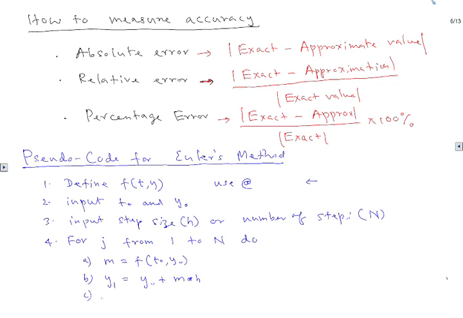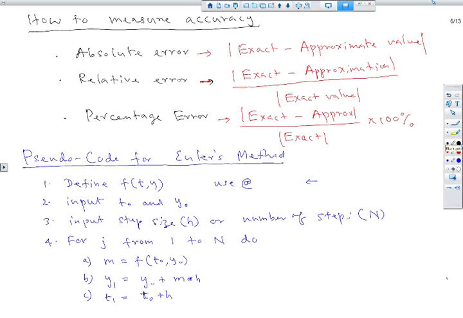And then we can update the t value, t1 equal t0 plus h. Then we have the y1 and t1, so we're going to print them. So step D, print t1 and y1, and then in the last step we can update t0 to t1 and y0 to y1.